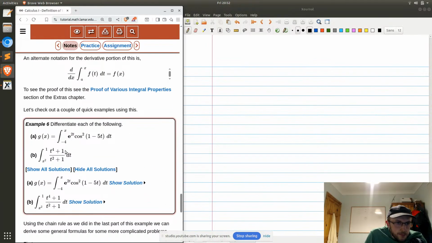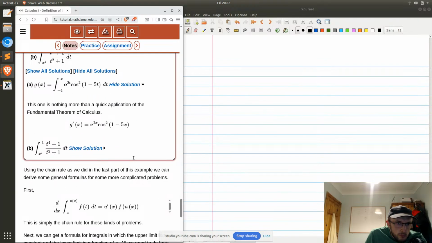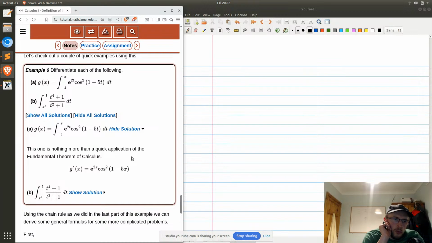Okay. So all he did was he just put in the upper limit of the integral.